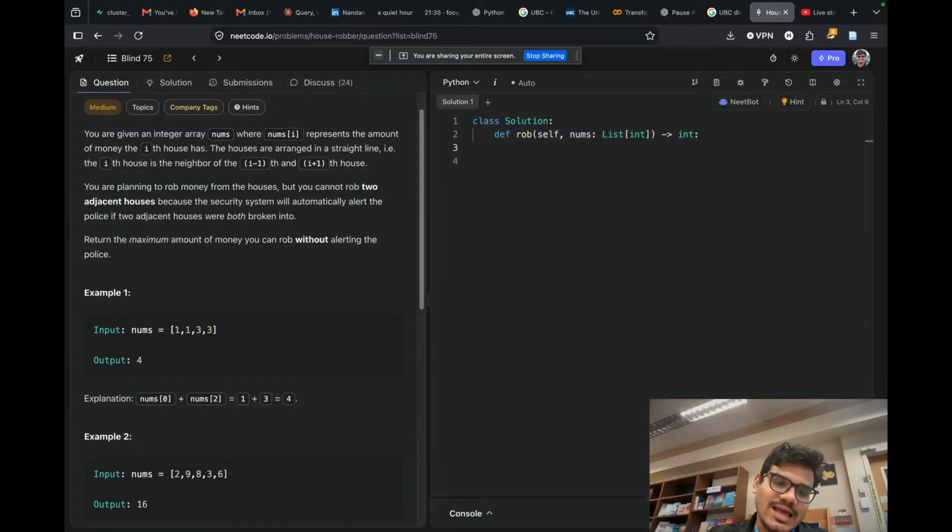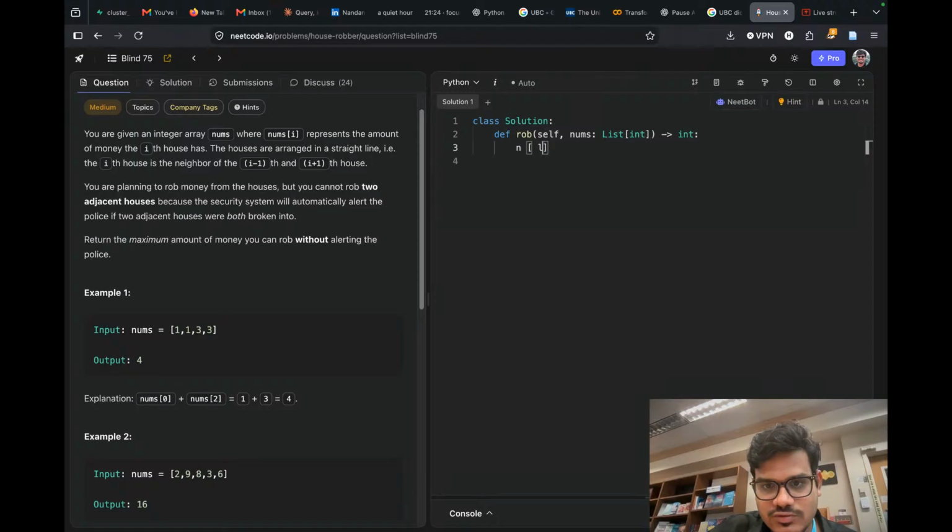So I think this can be solved using DP, because at each point it depends on the prior one. So let's think this way. Let's say n is the size of nums.